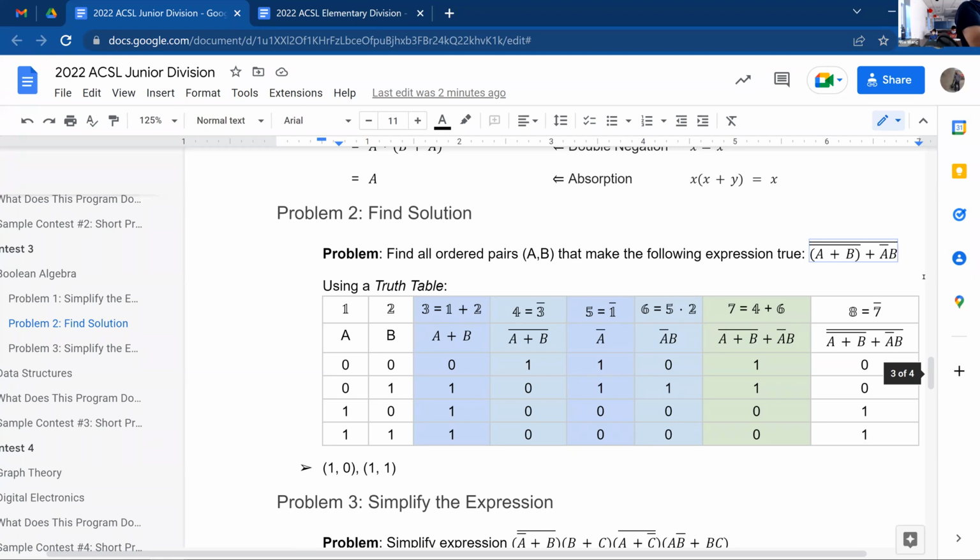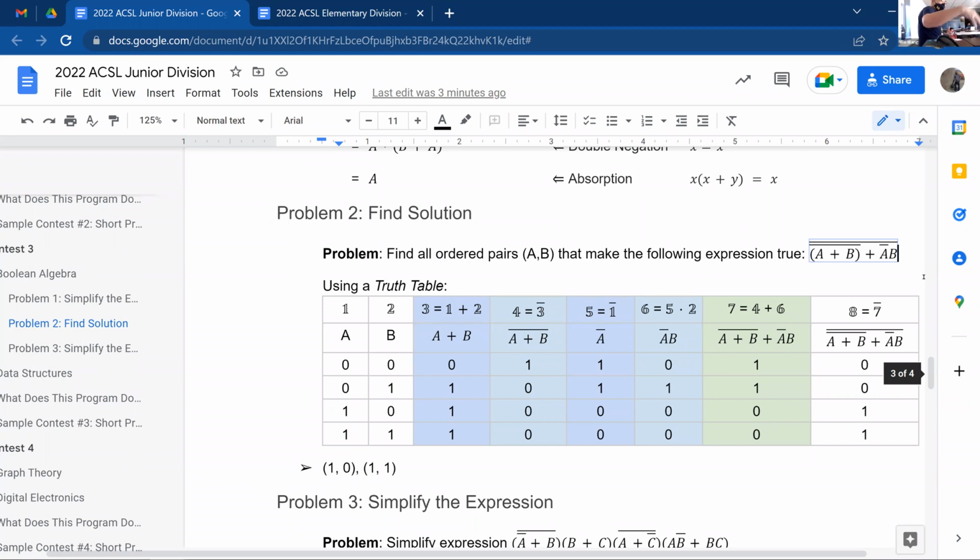If either one is 1, you have 1 here, right? So 1, 0 is 1, 0, 1 is 1, 0, 0 is 0. And so in the end, it's this expression, not, right? So that becomes a flip of these bits. You got 0, 0, 1, 1.